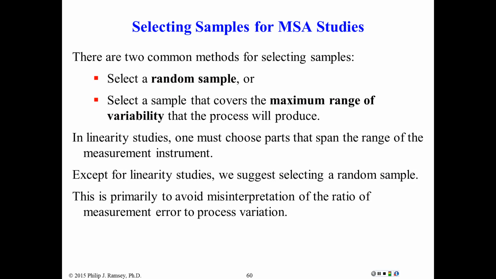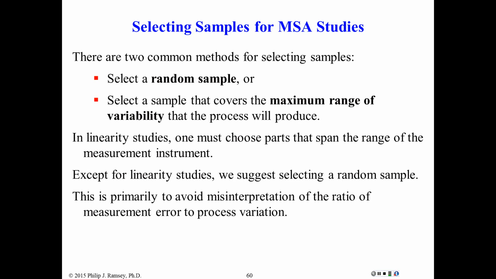The second approach is the one that I most strongly endorse. A random sample really doesn't do anything for you here. These studies are very small, so it's not going to allow you to study process variation and get a good estimate of it. Again, in our case, the parts or the samples are really not our focus anyway. We're focused on the measurement system.